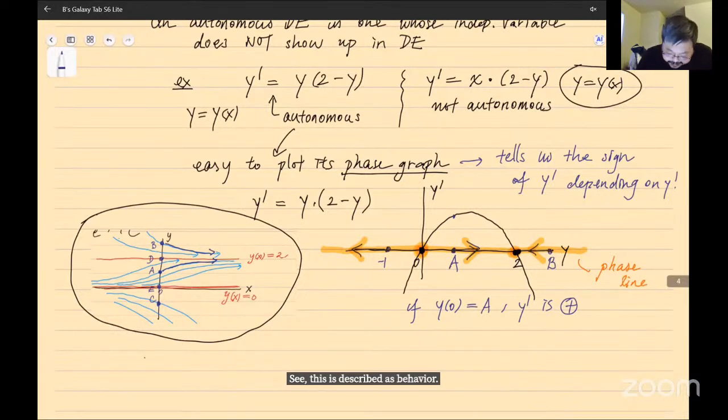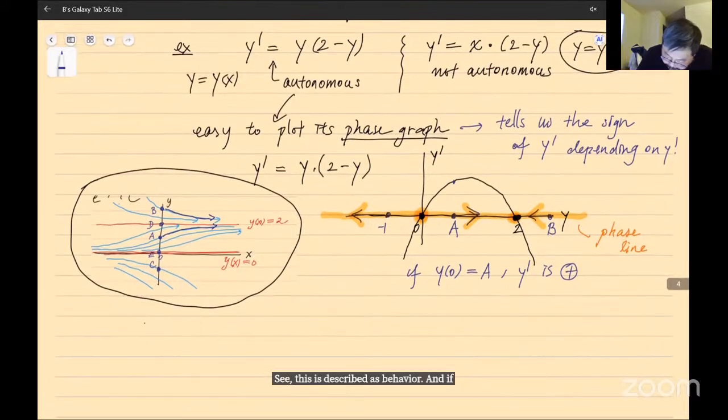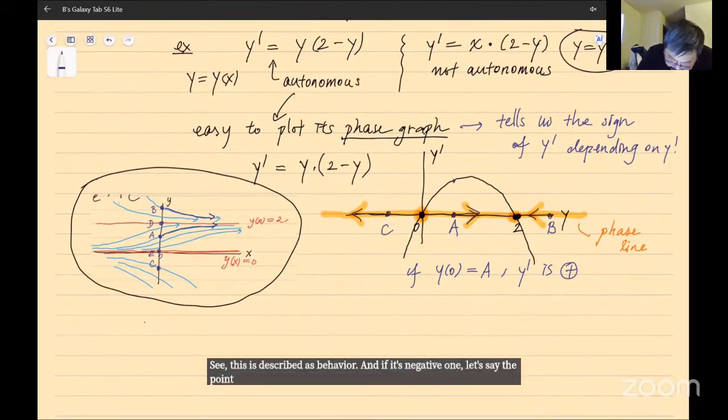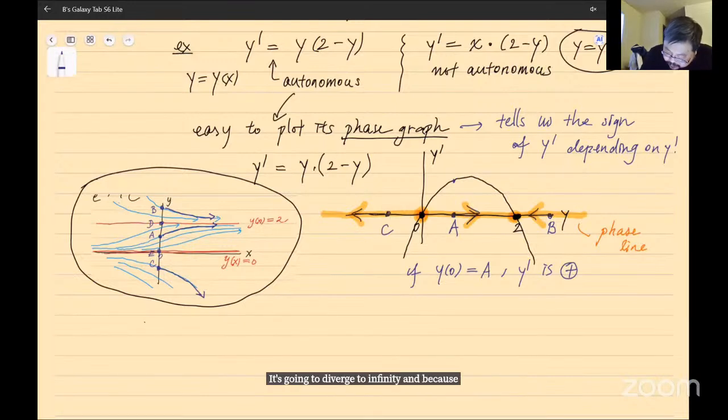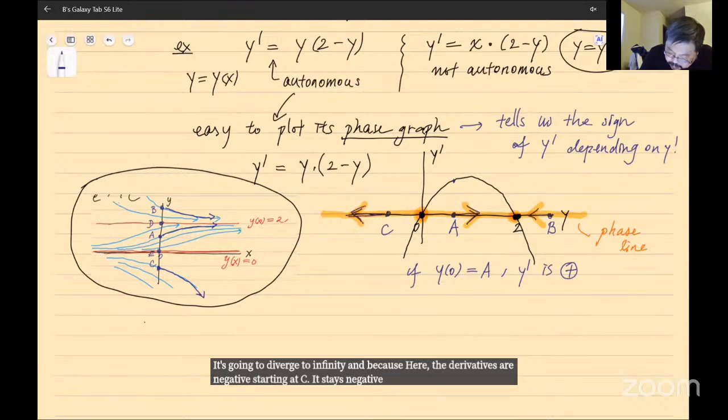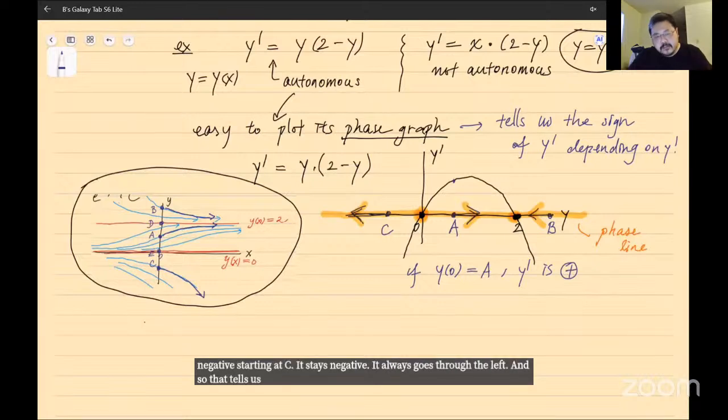And if it's -1, let's say the point C right here, what's going to happen? It's going to diverge to infinity, because here the derivative is always negative. Starting at C, it stays negative. It always goes to the left. And so that tells us the behavior of all these regions and also these points. Does that make sense?